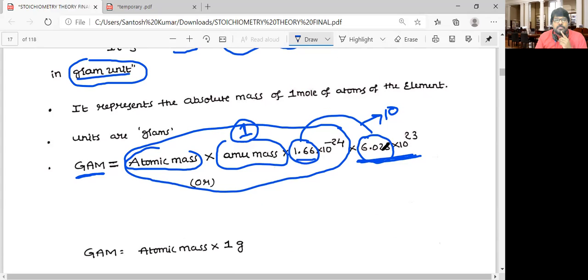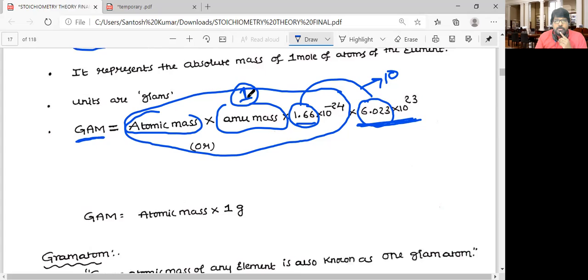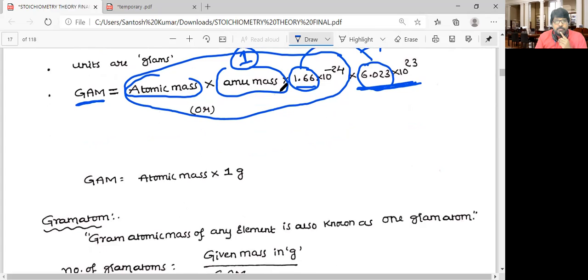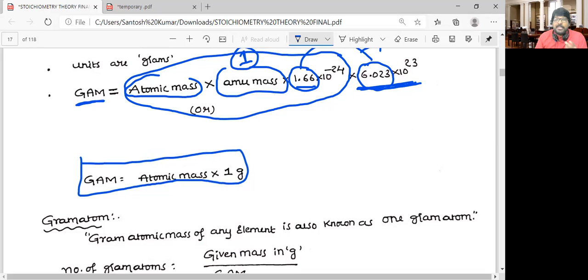Therefore, AMU value is 1. This is 1.66. Already told you 6.023. The product is 10 into 10 power 23, 10 power 24. 10 power 24 into 10 power minus 24 means 1. Therefore, gram atomic mass is equal to atomic mass into 1 gram.